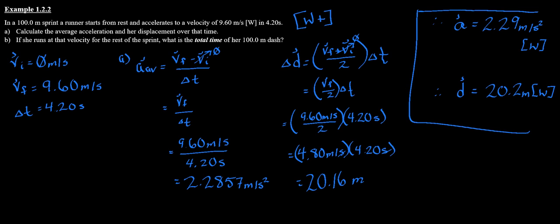Okay, for part B now, we have to look at if she runs that velocity of 9.60 meters per second west for the rest of the race, what is the total time for her 100-meter dash?